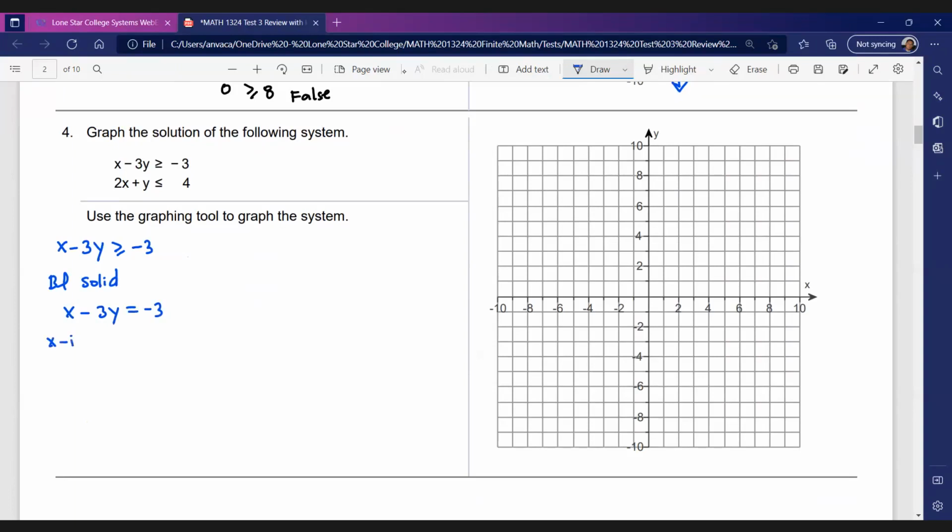The x-intercept will be x equals -3. For the y-intercept, notice how we just completely get rid of the x term and we keep -3y is equal to -3. After dividing by -3, we get that y is equal to 1.